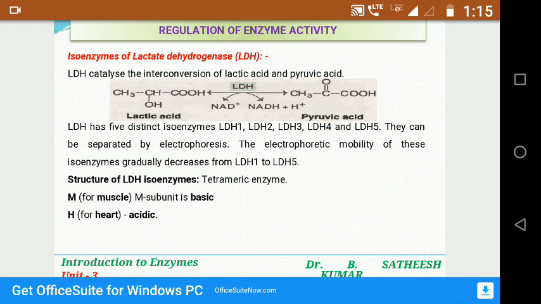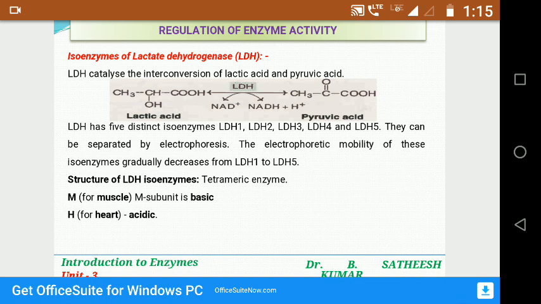Because they have different amino acid sequences, they will have different net charges. Due to that reason, the electrophoretic mobility of these isoenzymes will be different. So therefore we can easily differentiate all 5 LDHs by using electrophoresis.